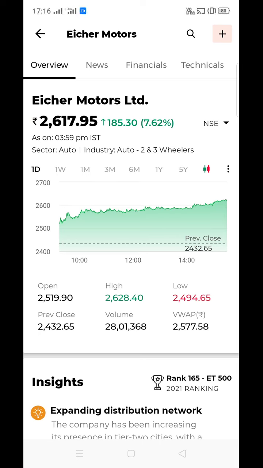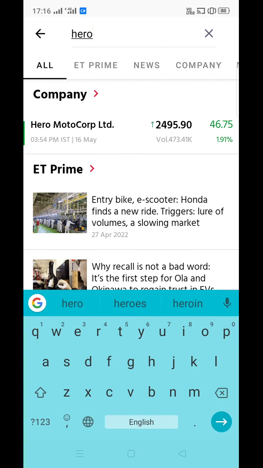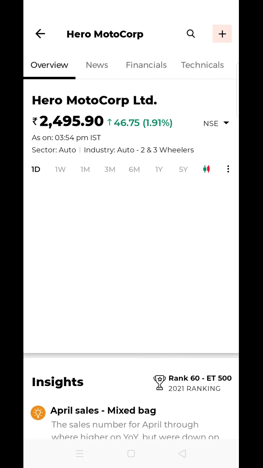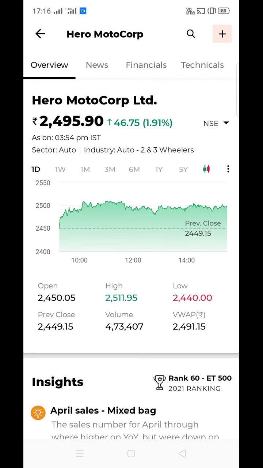Their market share in the sector they operate is very high, and they definitely don't have competition in 350cc and 600cc bikes. So that is the reason it always does command some premium valuation. Let's look at Hero Moto. 21. So very close to Bajaj.